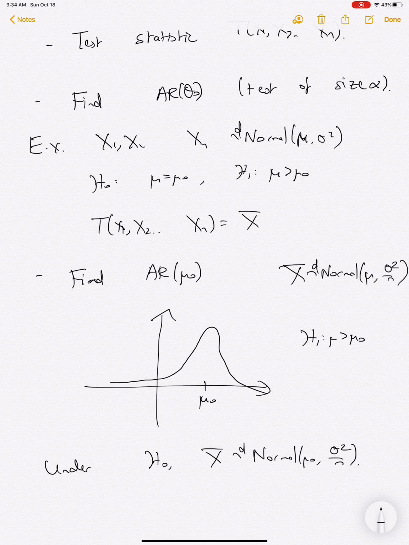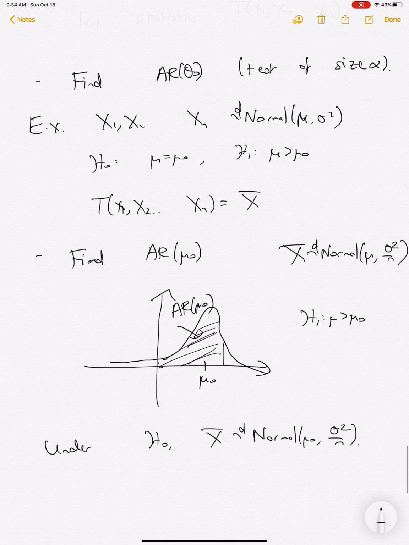our acceptance region should lie here. So this is going to be the acceptance region of mu 0, and it is going to be of size alpha.